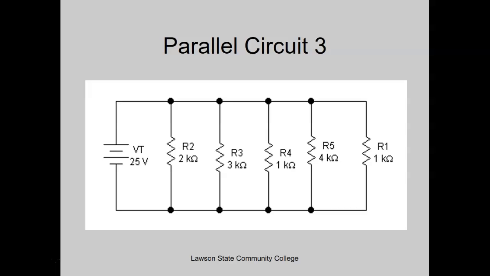So 3,000 conductance would be 0.000333 repeating, or 333 micro. You push either 1 over x or x to the negative 1.